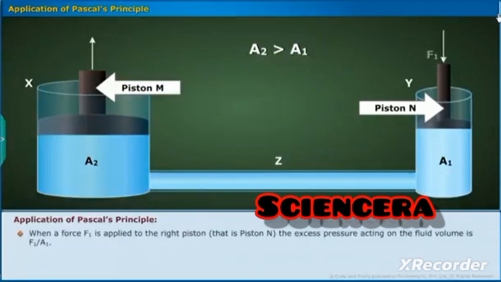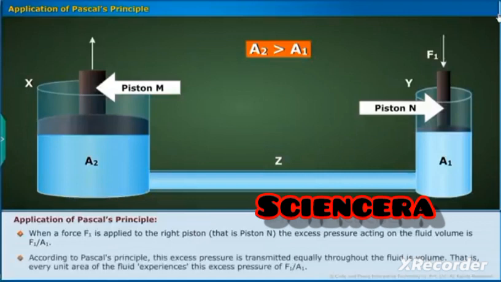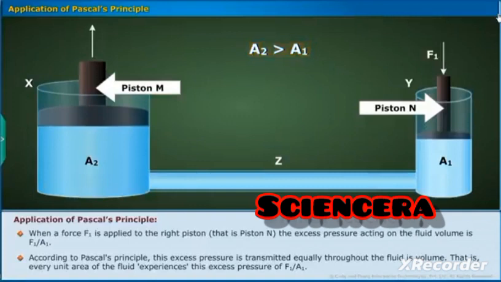When a force F1 is applied to the right piston, that is piston N, the excess pressure acting on the fluid volume is F1 by A1. According to Pascal's principle, this excess pressure is transmitted equally throughout the fluid's volume. That is, every unit area of the fluid experiences this excess pressure of F1 by A1.